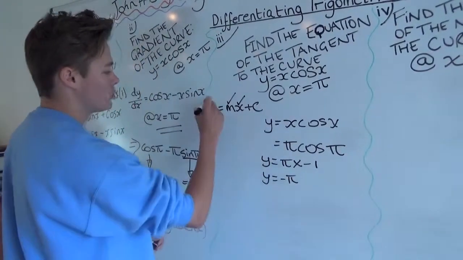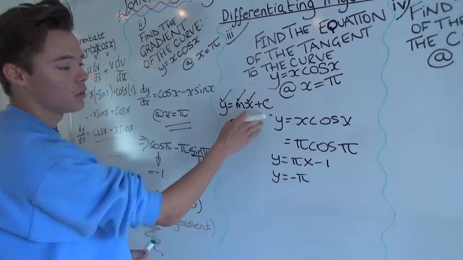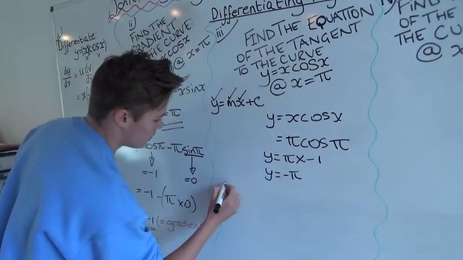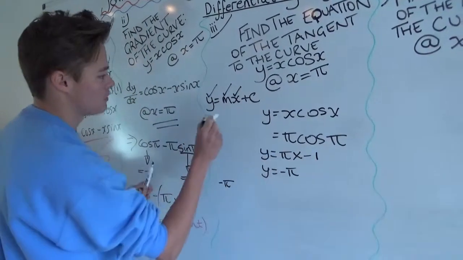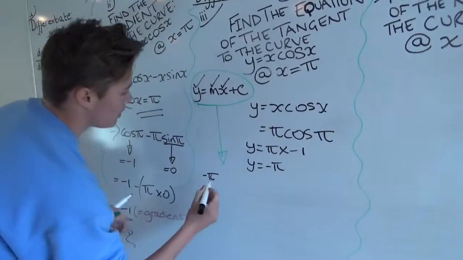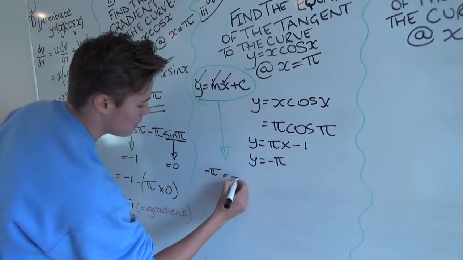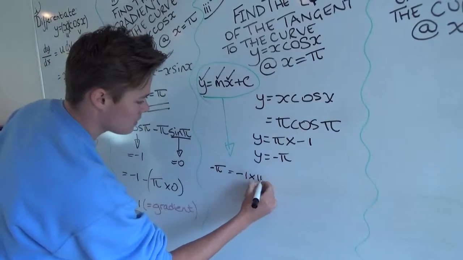So now we've also got y. So now we can input that into this equation here, and we can work out what c is. So minus pi. I'm just going to drag this down here. I've done the green pen so it's clear. So minus pi is equal to -1 times pi, is that correct? Yeah.